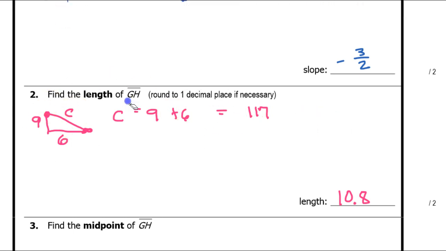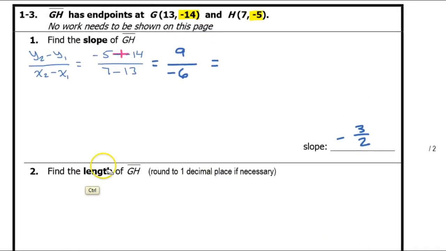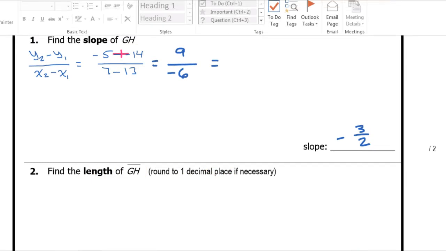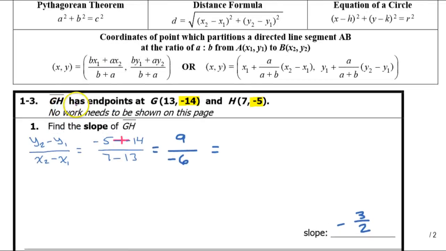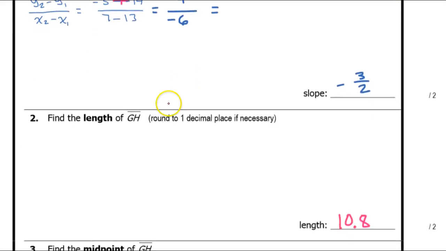Now, the other way is to use the distance formula. I might just as easily have called it the length formula. Okay, and look, here's the distance formula right here. So this is what I'm going to be doing. The length of GH, which if I just write GH with no segment symbol, means the length of GH, is going to equal the square root of.